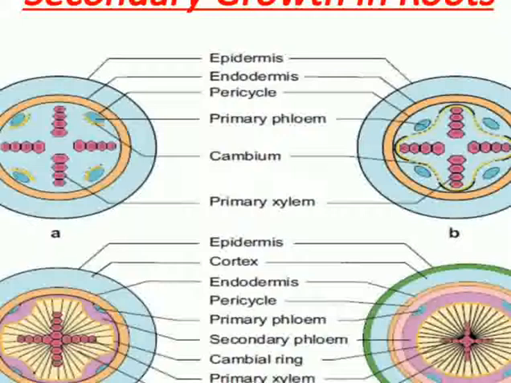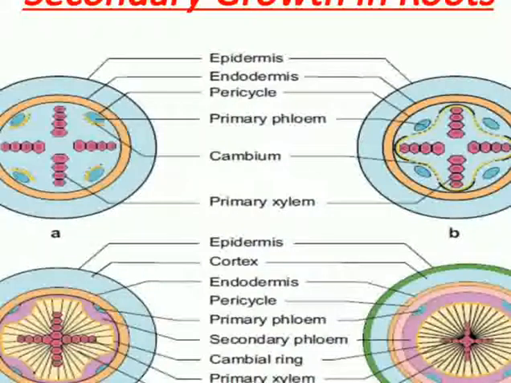Monocotyledonous and dicotyledonous plants show marked variation in their internal structures. They differ in type, in number, in location of the vascular bundles. Secondary growth occurs in most of the dicotyledonous roots and stems.